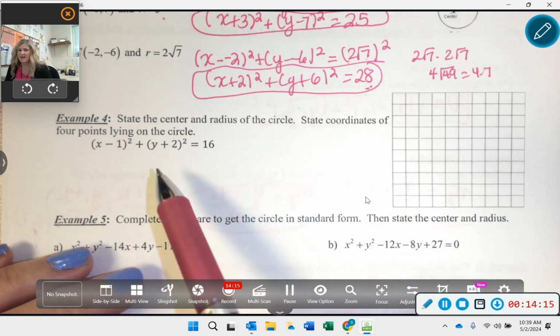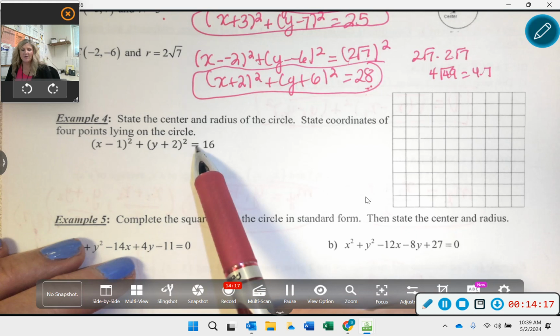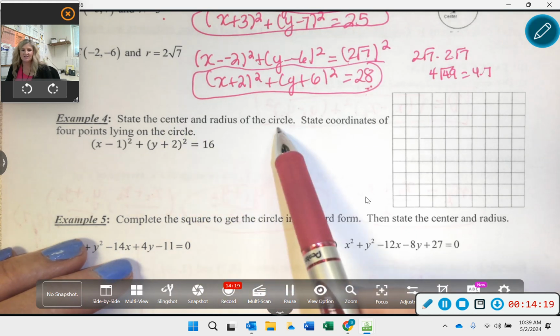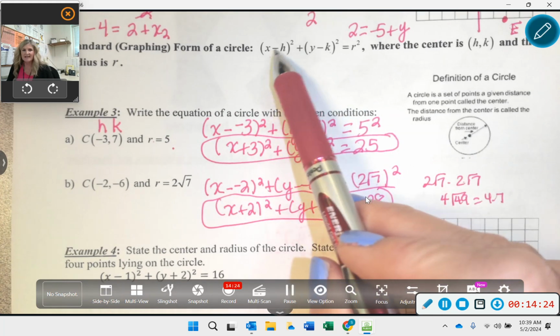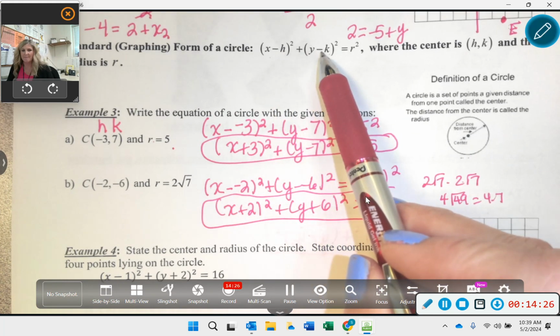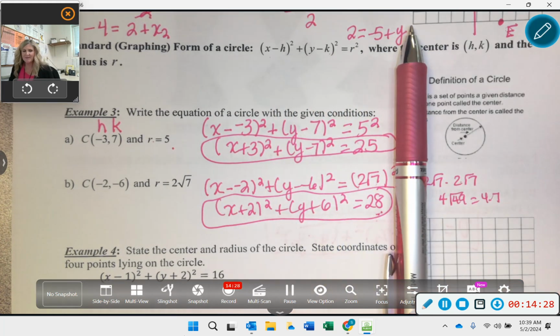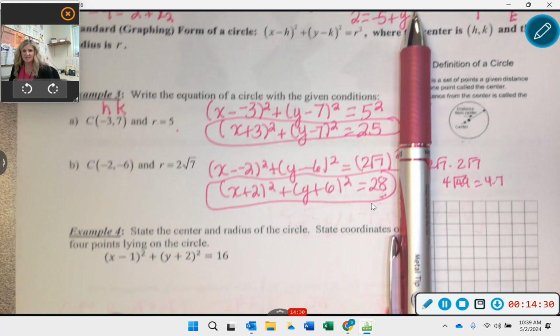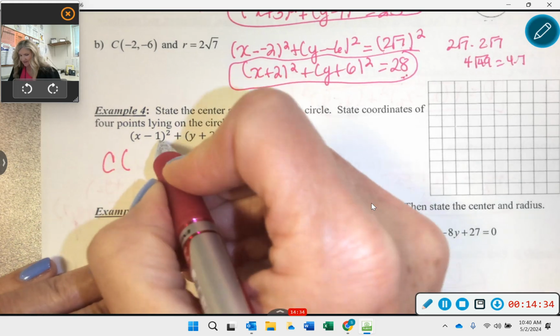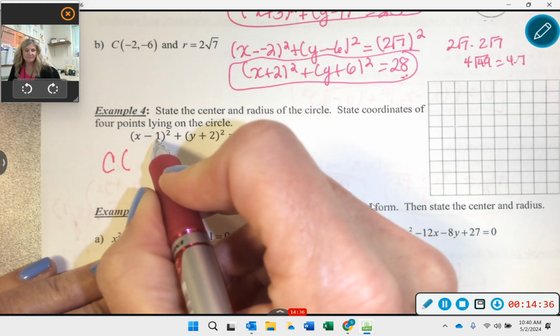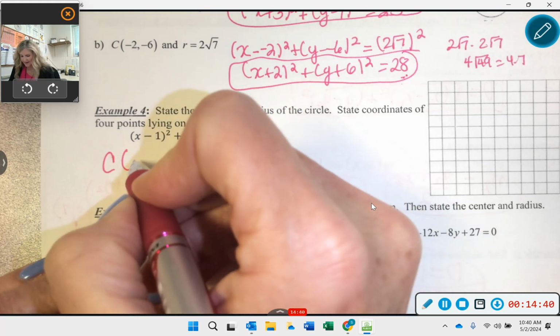Okay, now we're going to go in the other direction. We're given the equation and we want to find the center and the radius. Look at the formula. It's x minus h and it's y minus k. So what that means is we're going to have to change those signs. So what do you think the center is going to be then? (1, −2).